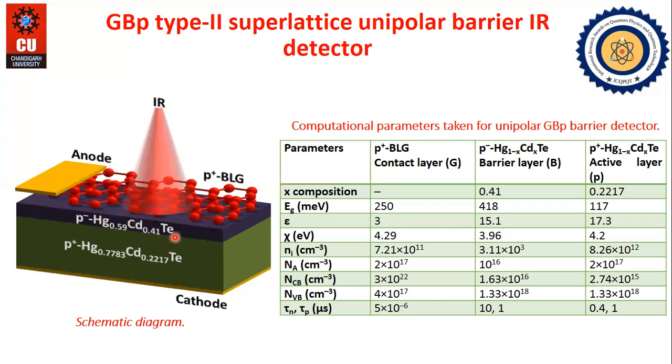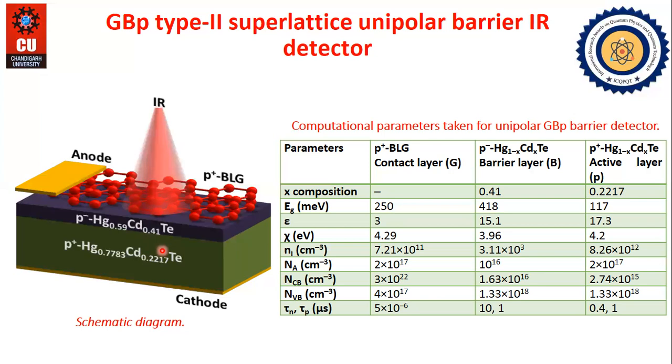The barrier layer must be carefully chosen with suitable lattice matching and band alignment in order to limit the majority carrier current density while allowing the passage of the photocurrent density. At the barrier active layer hetero interface, such detectors introduce an increased band offset in the conduction band and almost zero in the valence band to filter out the surface leakage current density, leading to minority carrier dominated transport.